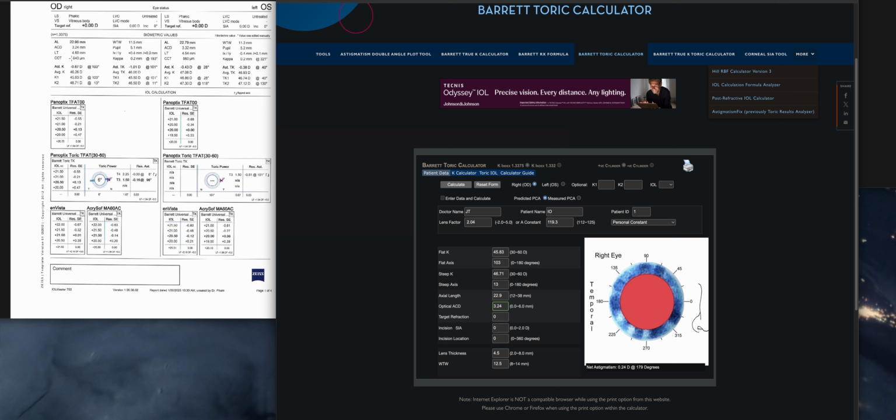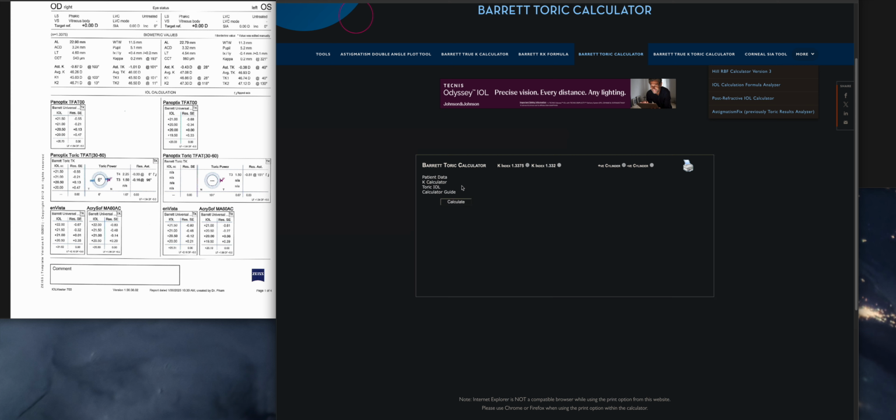CCT is the pachymetry. Yeah, but most formulas don't use those things. Okay, so lens thickness. You can plug in the 4.6. So now we have a true measurement, and then white to white. Where's that? Yeah, 11.5 on this side. Okay, let's calculate. Again, wait a few seconds.